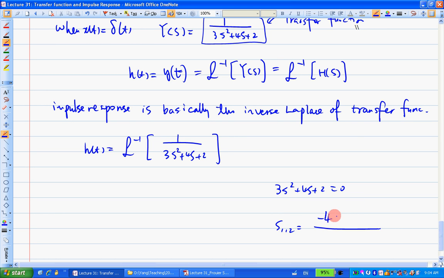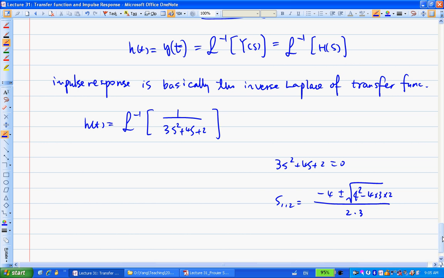Negative b, which is negative 4, plus minus the square root of b squared minus 4ac, so 4 squared minus 4 by 3 by 2, divided by 2a, so 2 by 3. That's the formula.